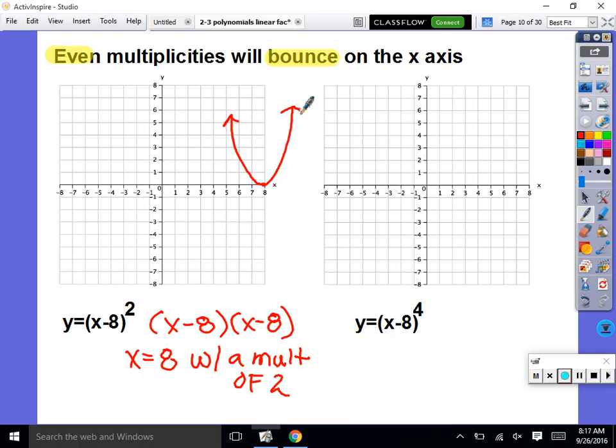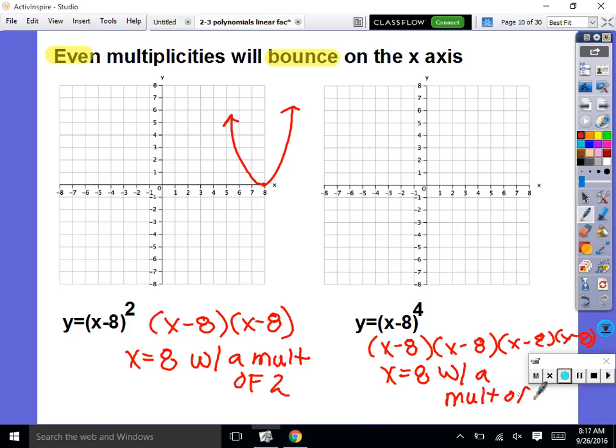All right, now look right here. We have x minus 8 to the 4th. So really, isn't that x minus 8 times x minus 8 times x minus 8 times x minus 8, right? So we get x is equal to 8 with a multiplicity of 4, right? Okay. If you were to graph that, graph it in your graphing calculator, go to y equals.